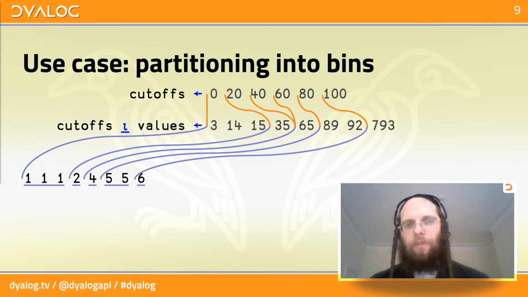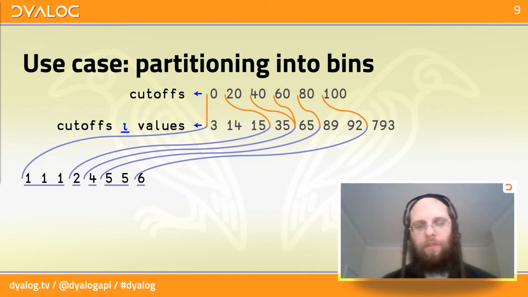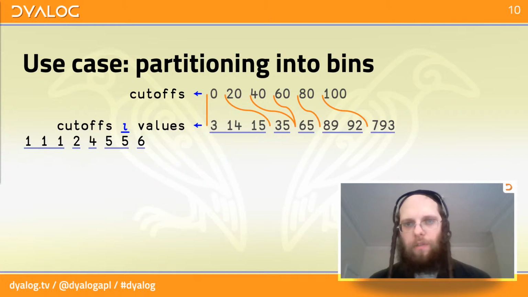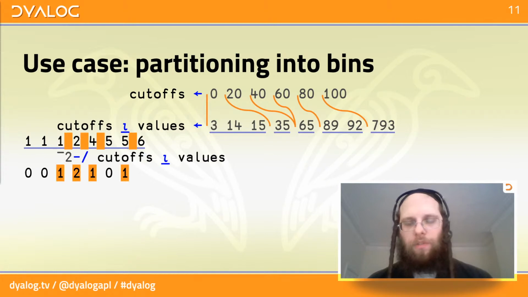And so what we're looking for here is partitioning our values such that runs of identical bin numbers belong together. However, there's a problem with the missing ones, because we also want to have an empty run of numbers belonging in that group between 40 and before 60.